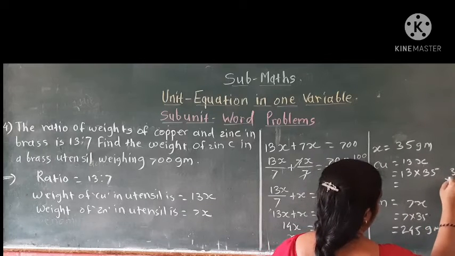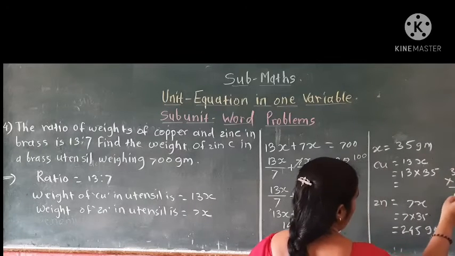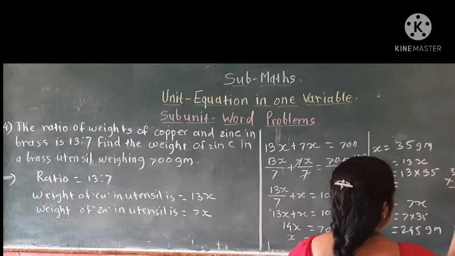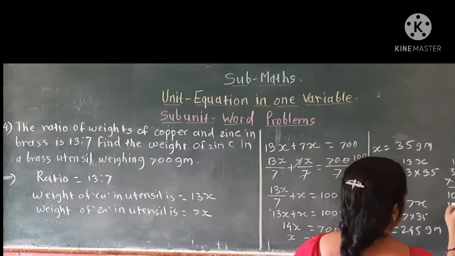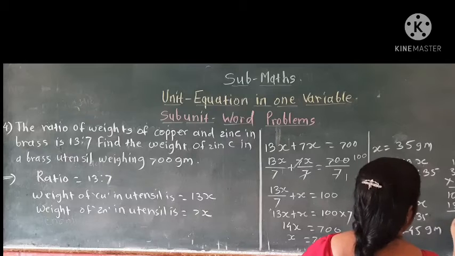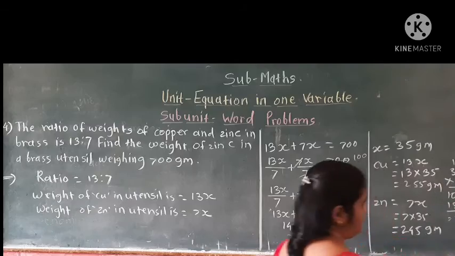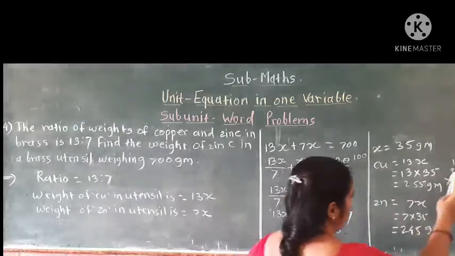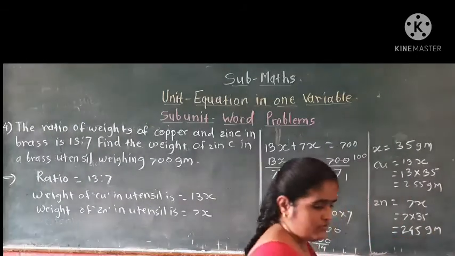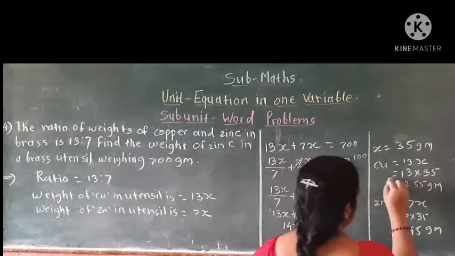And 35 into 13, the answer will be 455 gram. So this is our final answer.